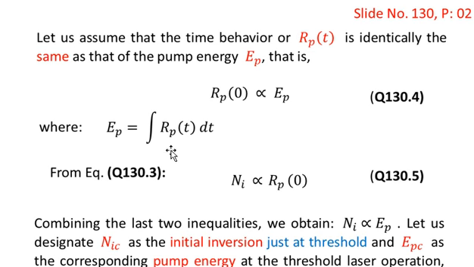If you integrate the function rp with respect to time dt, that is, if you sum up all the pump rate, then of course you will get the total energy during the pumping process, which is EP. So here Rp at time t equal to 0, that is at the Q switching time, is proportional to the value of EP.